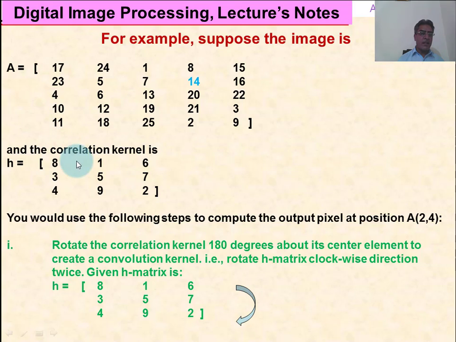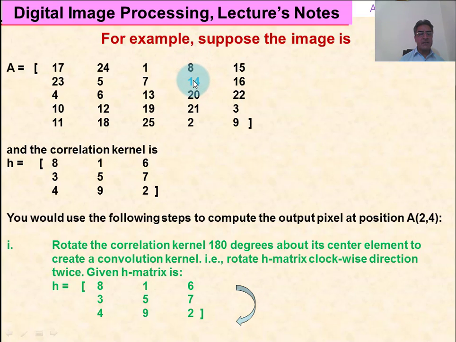If we want to perform the convolution operation, then you should use the following steps to compute the output pixel at position A of 2,4. I have highlighted this value A of 2,4. This is the A matrix, and this is the second row and the fourth column.